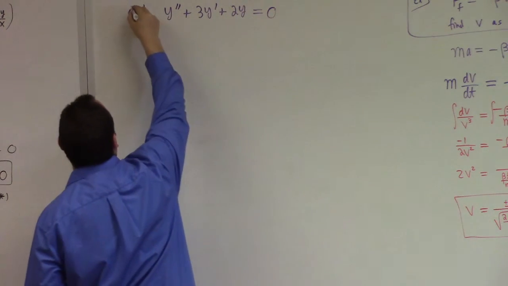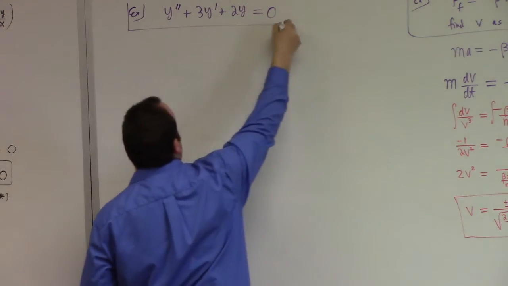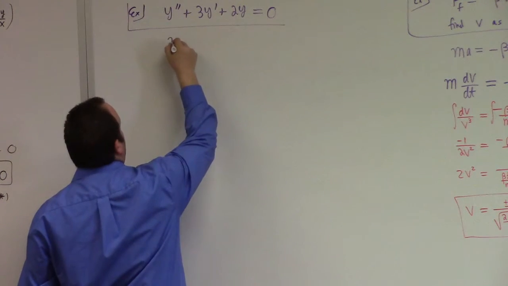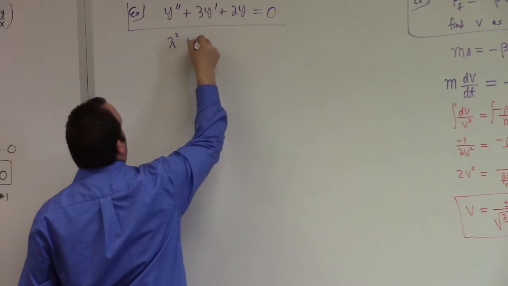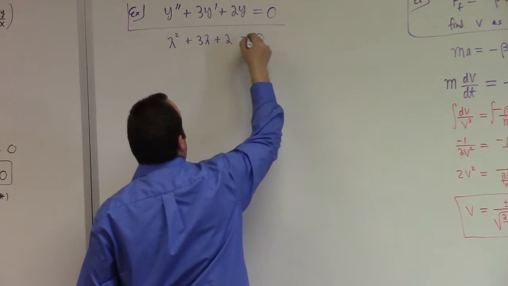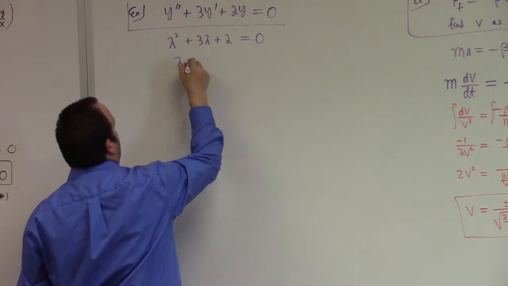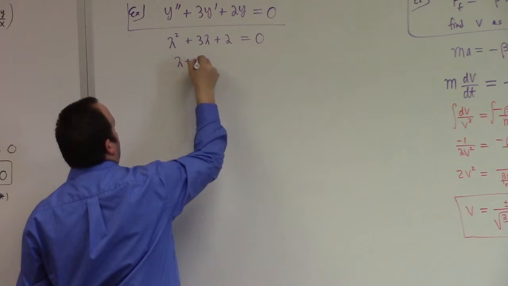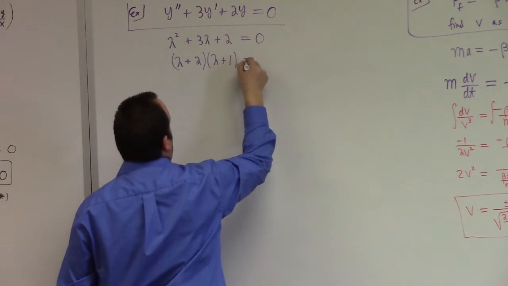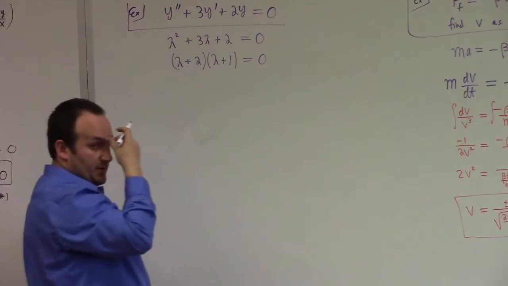Let's find solutions to this. Following our general scheme here, this gives me lambda squared plus 3 lambda plus 2 equals 0, which can be rewritten as lambda plus 2 times lambda plus 1 equals 0, right?